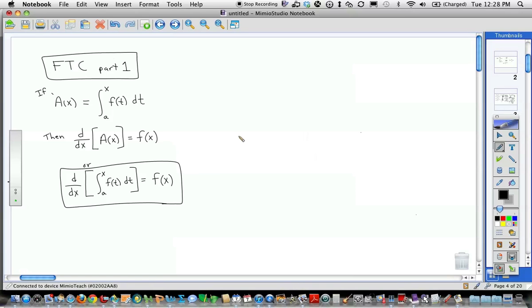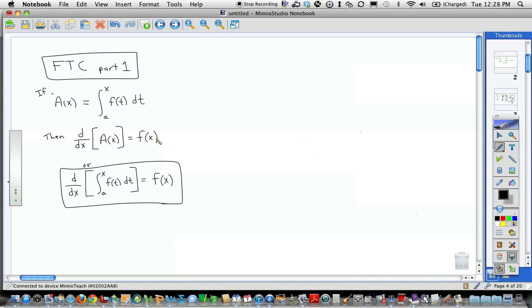Notice it's got t's in it though, because we're already using x for the area input. But the main thing is it's little f. We take the derivative with respect to x and we get little f, in terms of x.